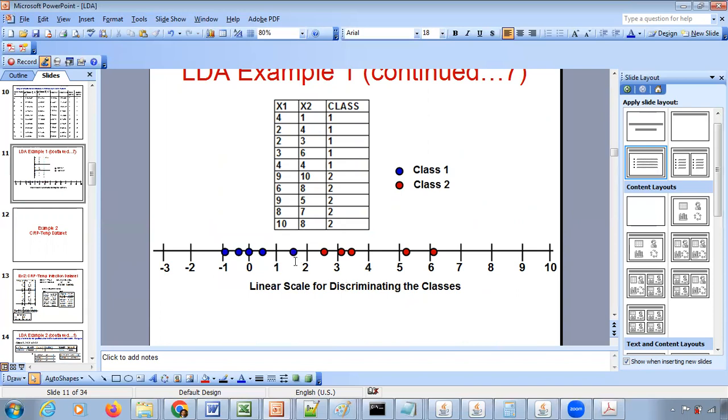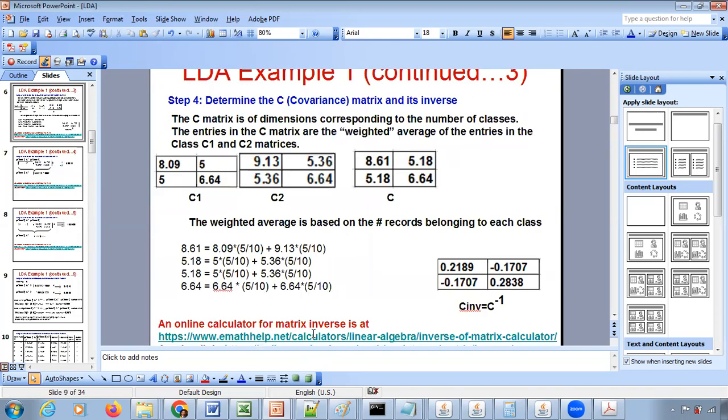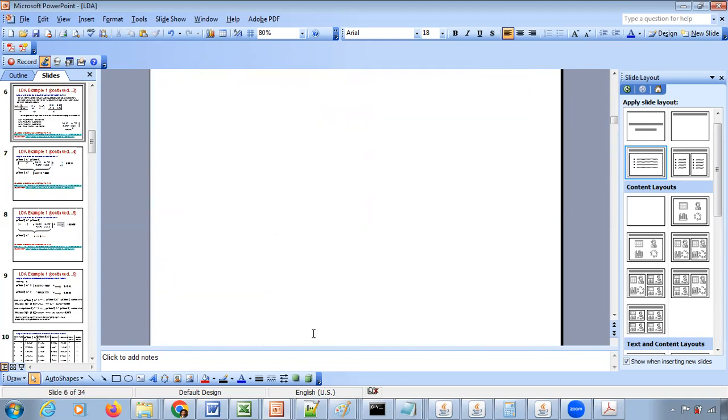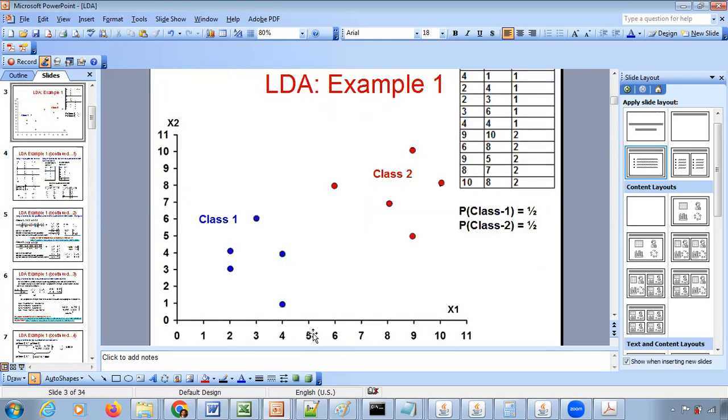It tries to minimize the variation in f values for data points within the same class, but still maximize the variance in f values among data points belonging to different classes. That's one good feature it tries to accomplish. Again, how well it can do that depends on the data set.